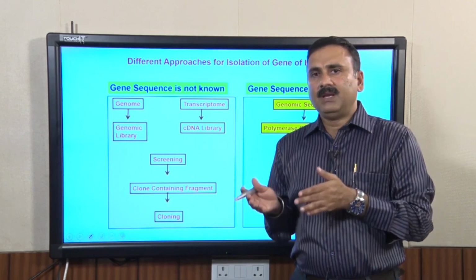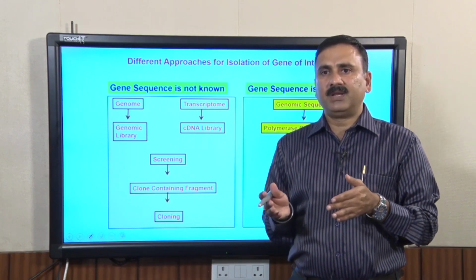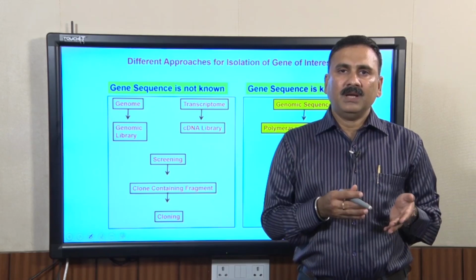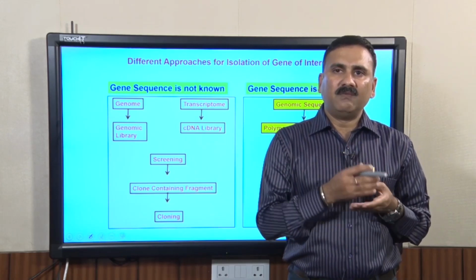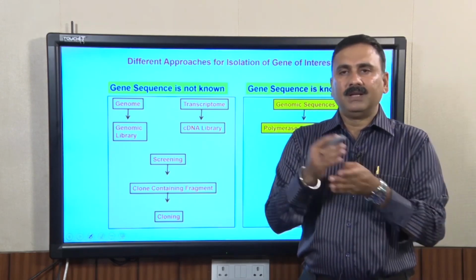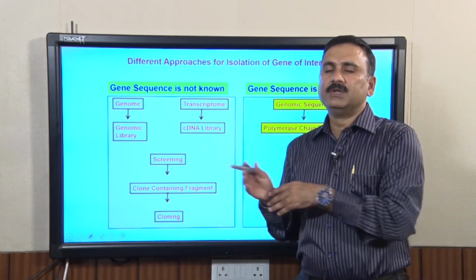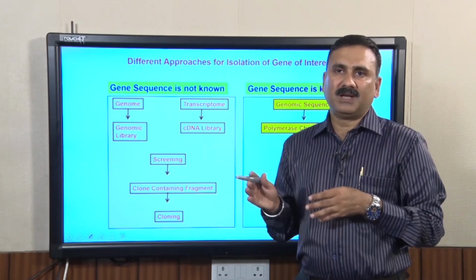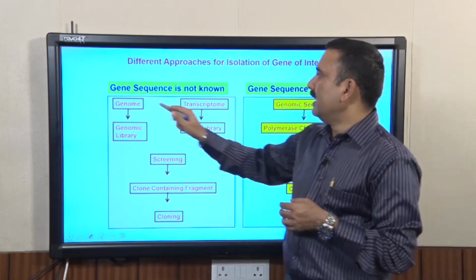Before the genomic sequences were available, people were using different approaches to isolate a particular gene, and there are different approaches which people use when the genomic sequences are available.